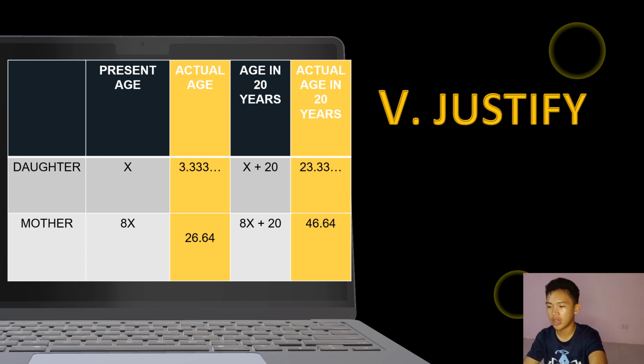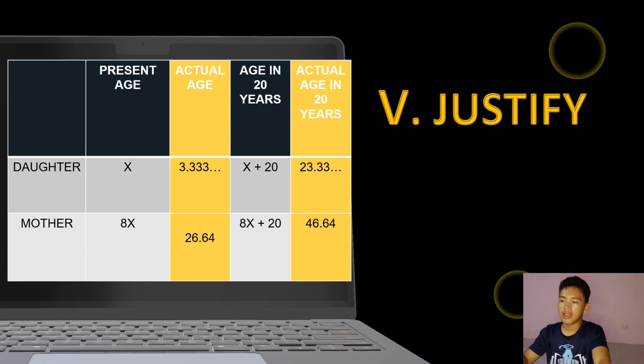Then the 8x here is 26.64. The same procedure, let's add 20 here. So 26.64 plus 20 is 46.64. So we all know that when we divide this 46.64, the answer would be 23.23.